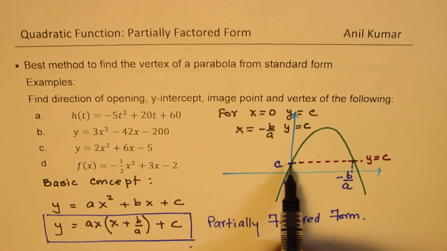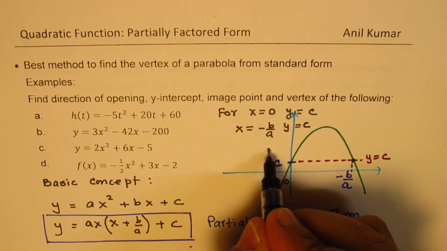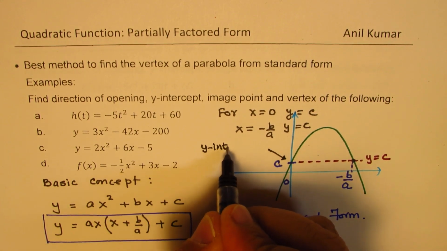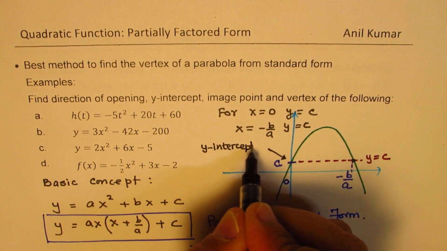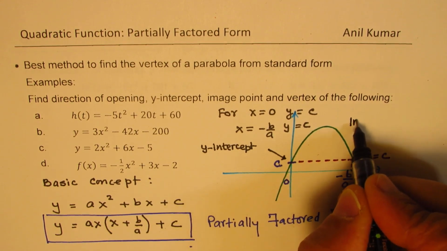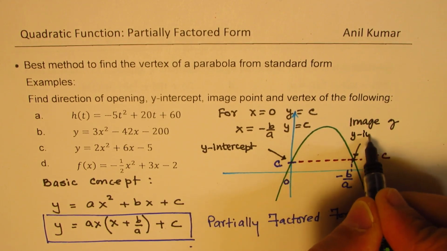Now, we got two points and we call this the image point. This point here is the y-intercept, right? The other point here will be treated as the image of the y-intercept.